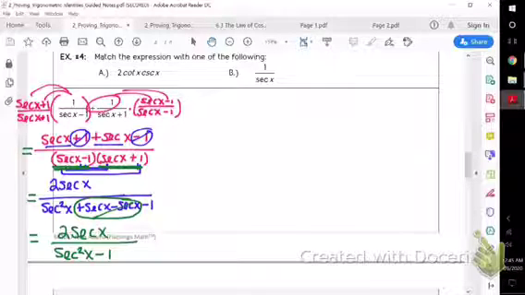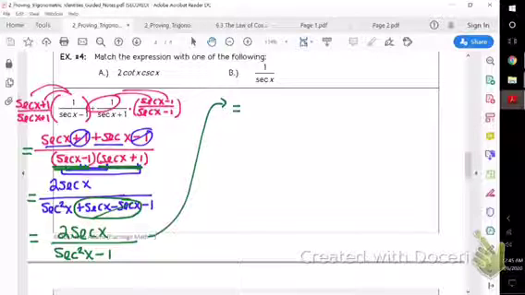All right, so let's see. Looking at my answer choices, I'm leaning towards A because it has a 2 in it. All right? And I don't see how I'm going to make everything else become a 1 over secant. So I'm thinking 2 might be a good choice. A might be a good choice, but we still have to prove it. So let's just keep going here. So I'm going to bring this over here.